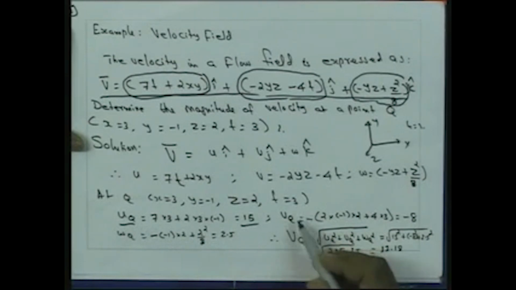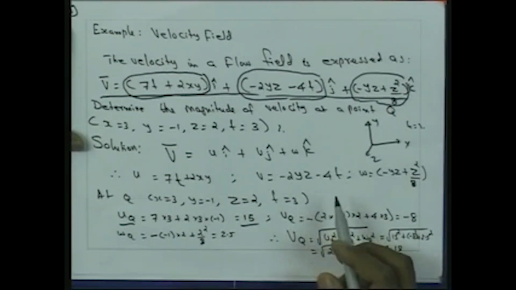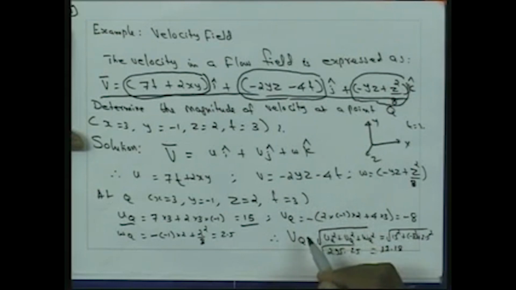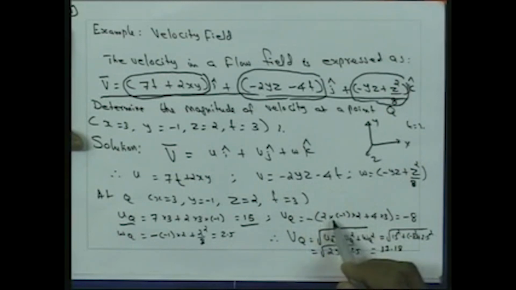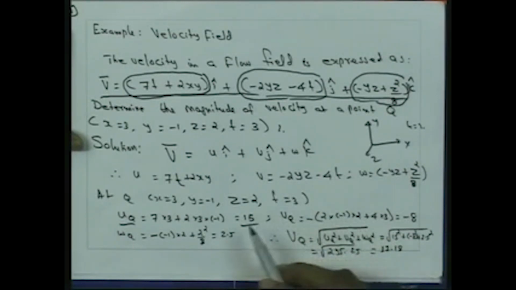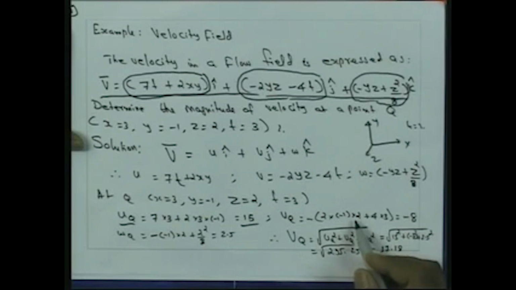Then vq, the velocity in the y direction at point q, is minus 2yz minus 4t, so minus 2 into minus 1 into 2, plus 4 into 3, which gives vq as minus 8.